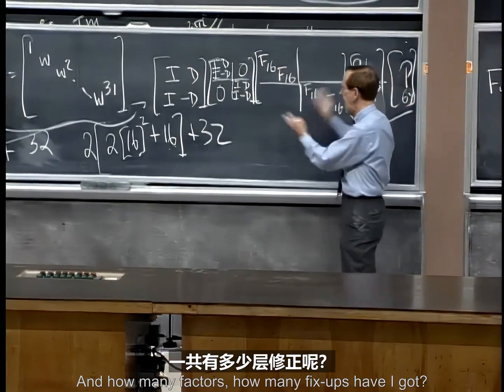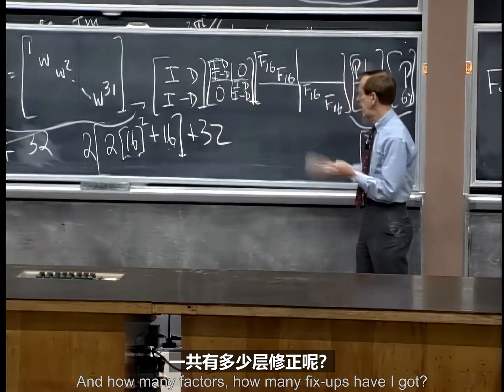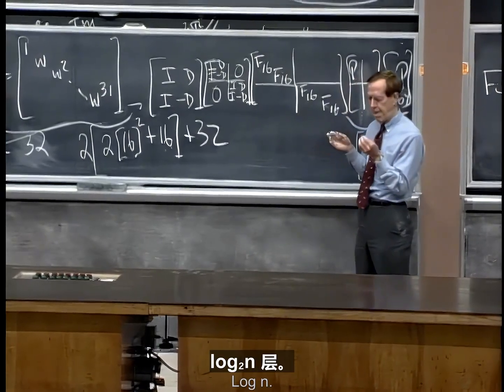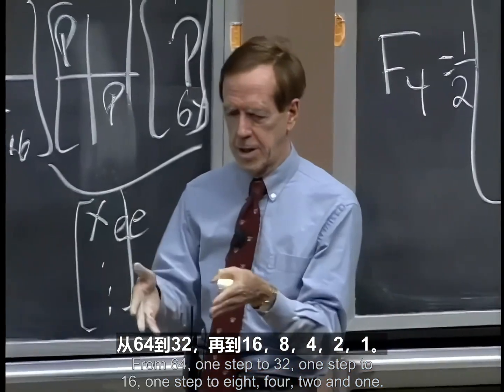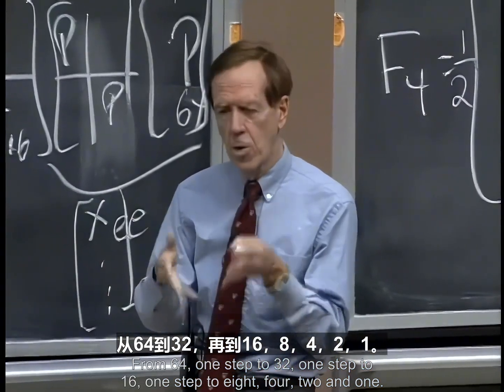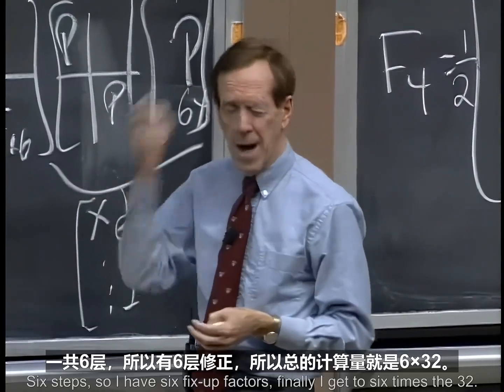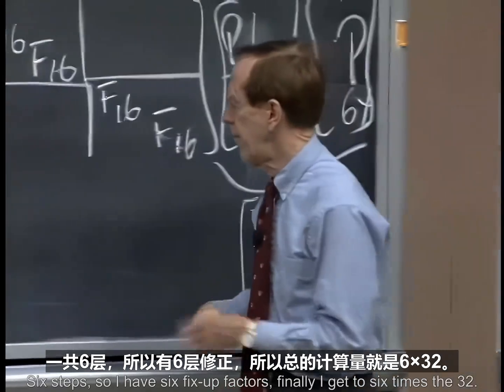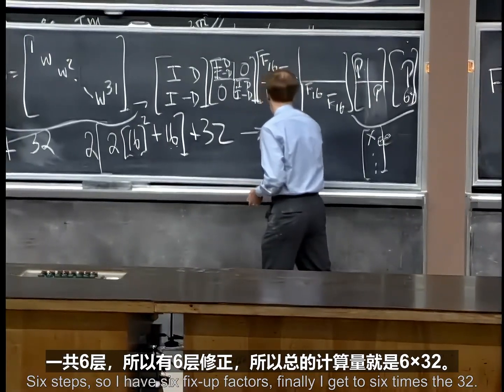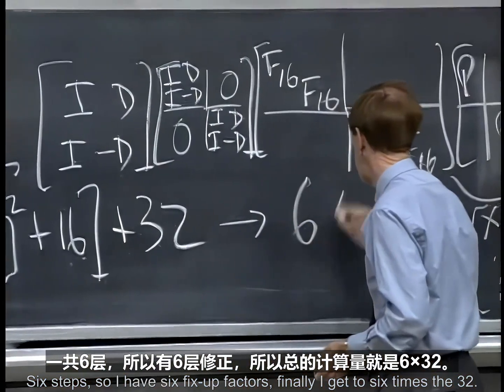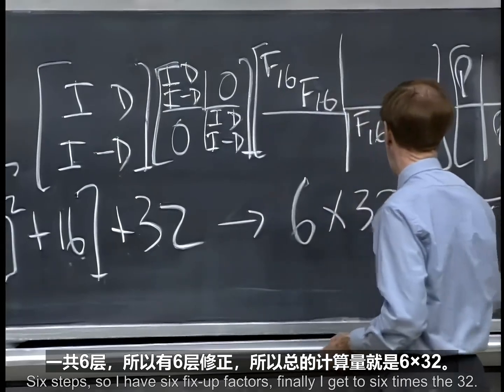And how many fix-ups have I got? Log n. From 64, 1 step to 32, 1 step to 16, 1 step to 8, 4, 2, and 1. 6 steps. So I have 6 fix-up factors. Finally, I get to 6 times the 32.